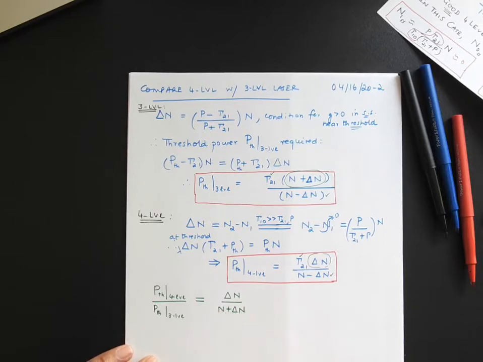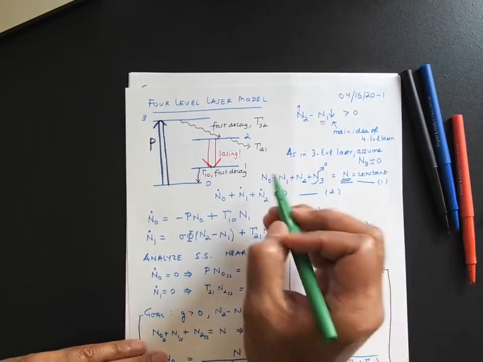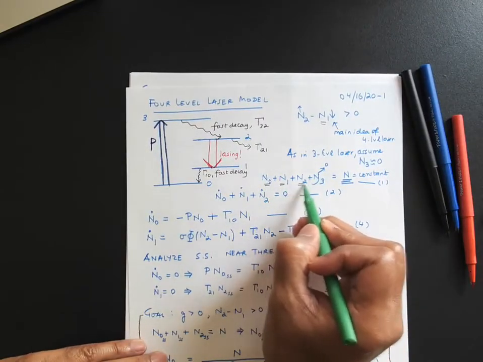Of course, the inversion, delta n, is always going to be much smaller than the total number. Remember that the total number is n0 plus n1 plus n2, right?